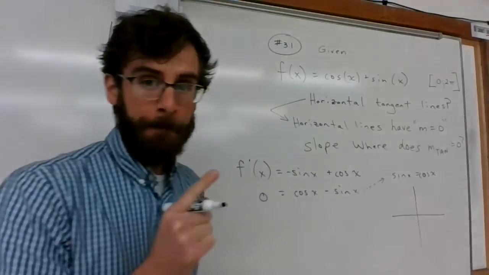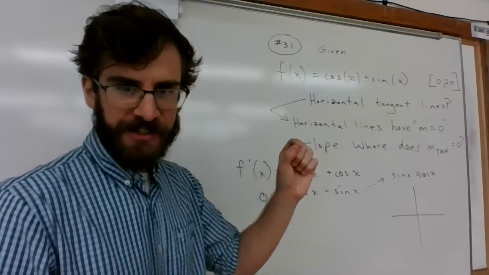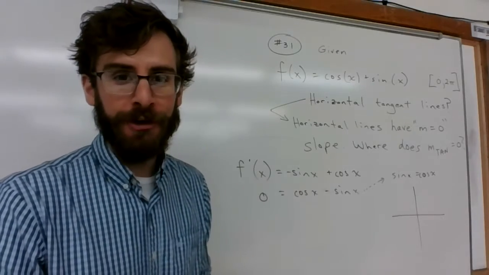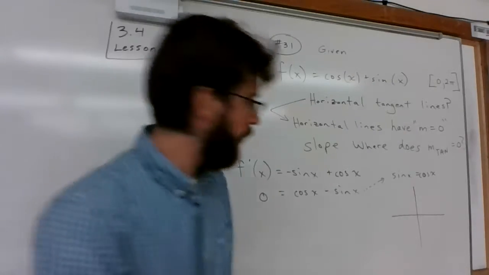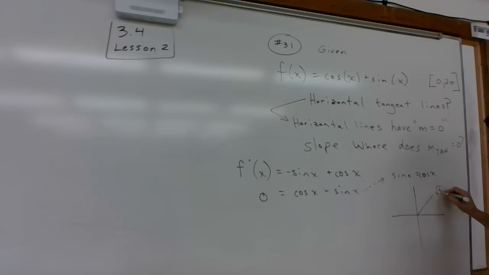Right? Because at pi over 4, you've got root 2 over 2 for your x and root 2 over 2 for your y. So here we've got root 2 over 2, comma, root 2 over 2. Does sine equal cosine here?